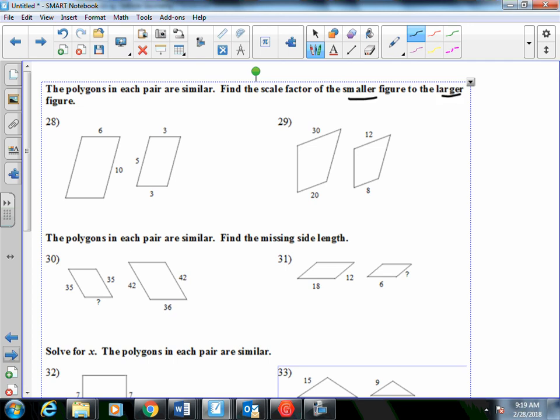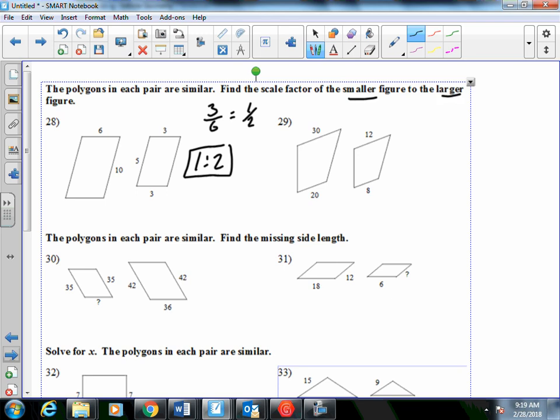So we're doing 3 goes with 6. And so those are the only ones that actually match up as far as corresponding sides. So 3/6 is 1/2, or 1:2 would be the smaller one to the larger one.